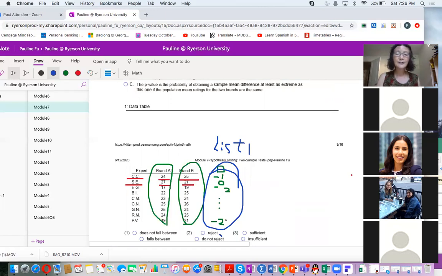You press F3 test, and then F2 t-test. After that, F1 one sample, because list one is just one data.